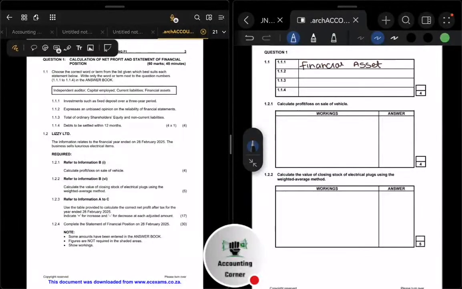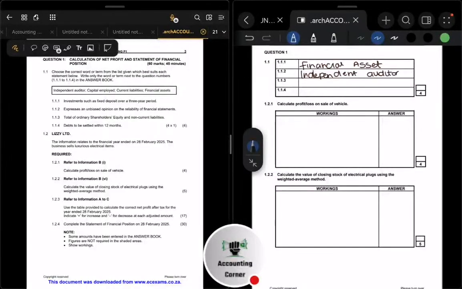Okay. Then our second question asks us to, what's this? Expresses an unbiased opinion on the reliability of financial statements. That would be an independent auditor, since they're unbiased. Independent auditor.